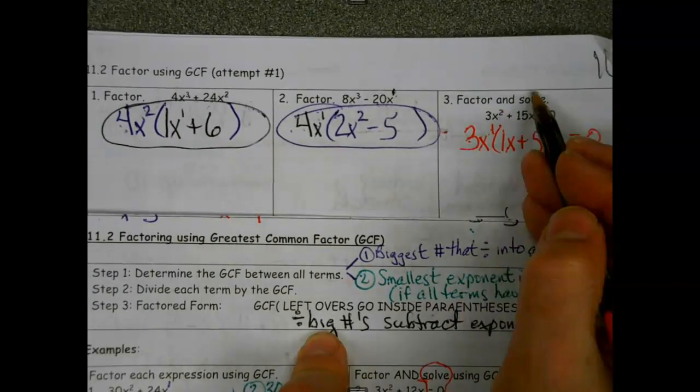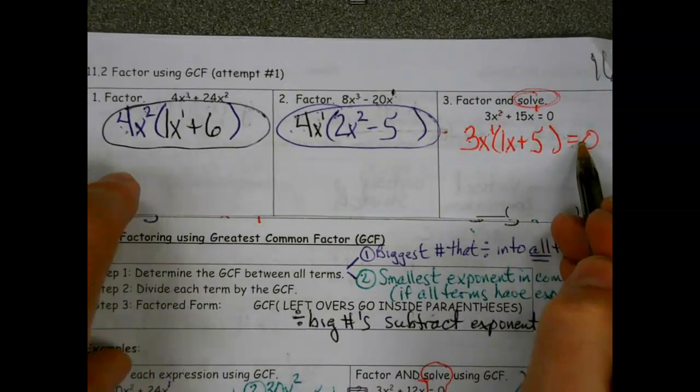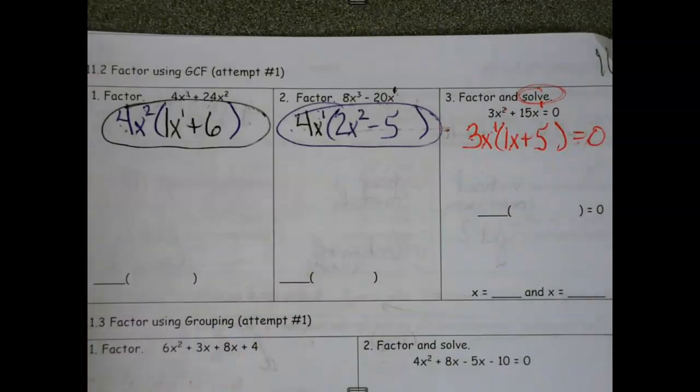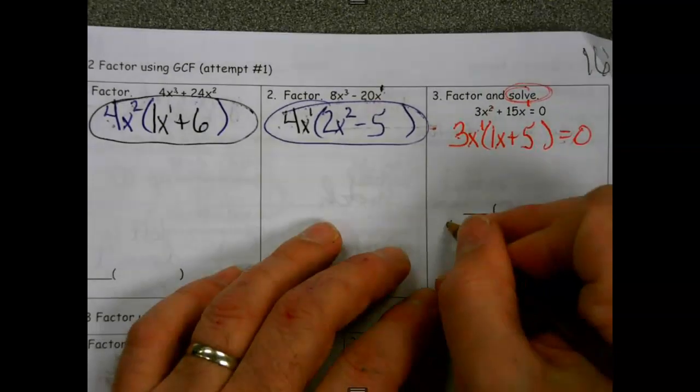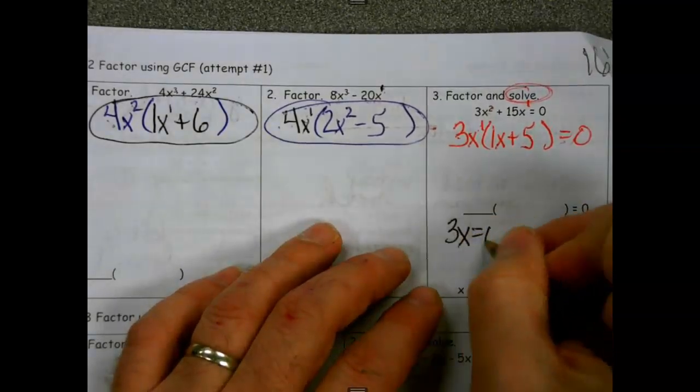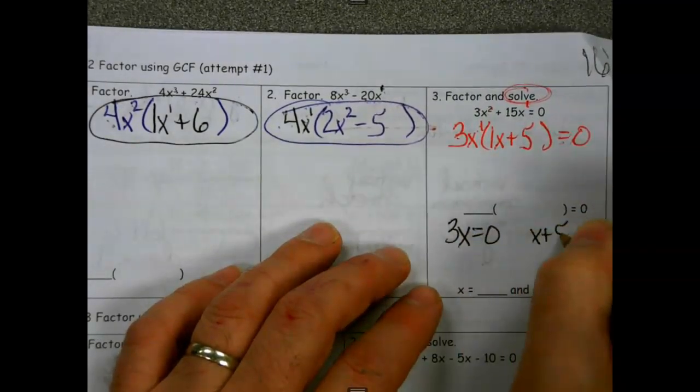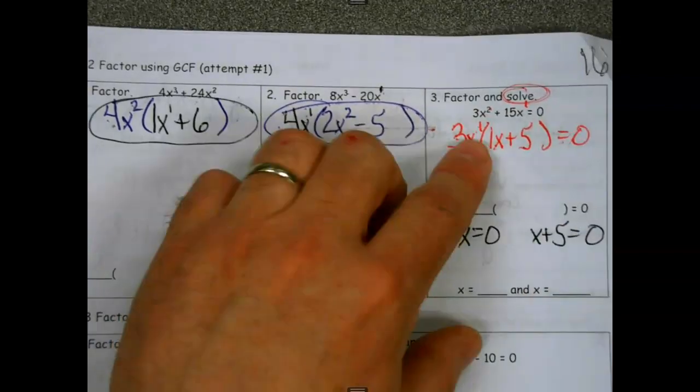That equals 0, and that word solve is here. So when that happens, I take each piece, and again, I could do it up here, down here.